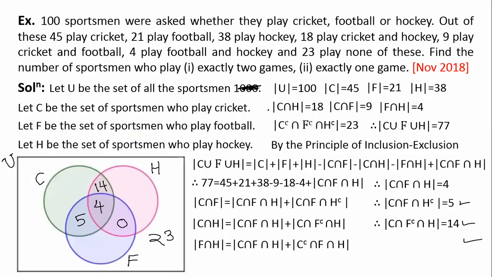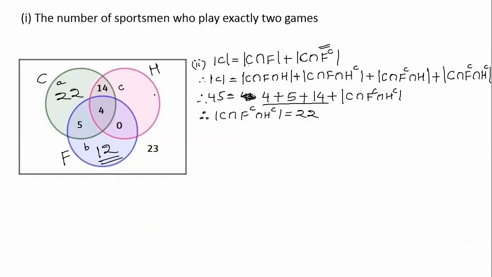So for that again, cardinality of H is equal to 38, and here 14 plus 4 plus 0 is 18, and 38 minus 18 is equal to 20.